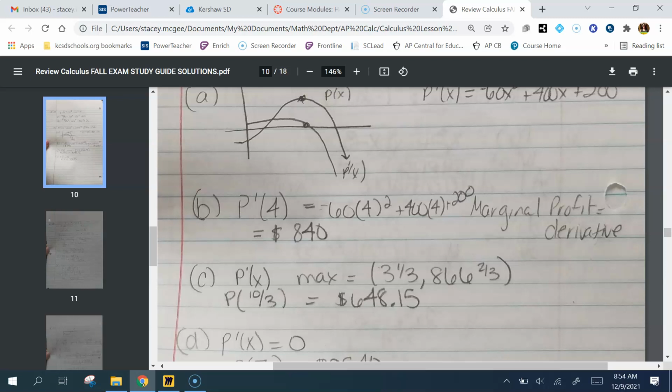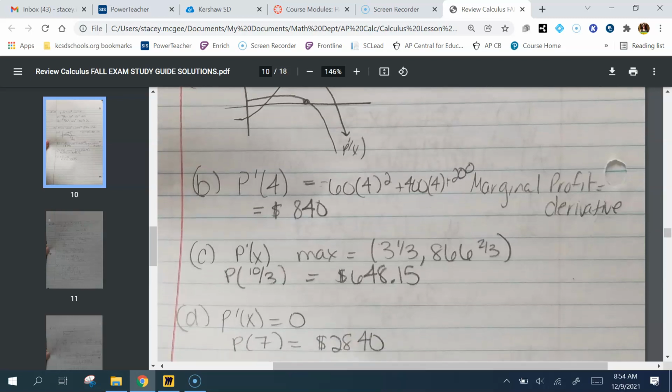So maximum is just the maximum of the function. You think about the zeros of the derivative, you do a sign chart and that kind of thing if you need to. But since this was calculator, you could have just graphed it and calculated the maximum, which is what I did.